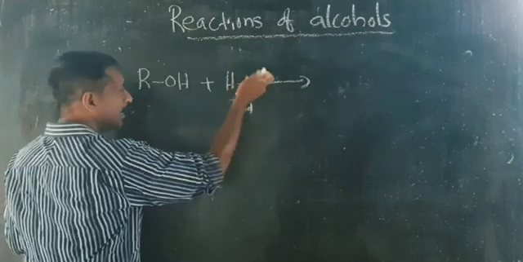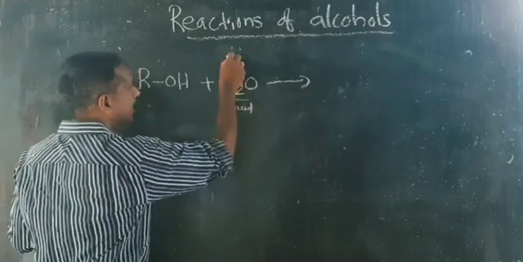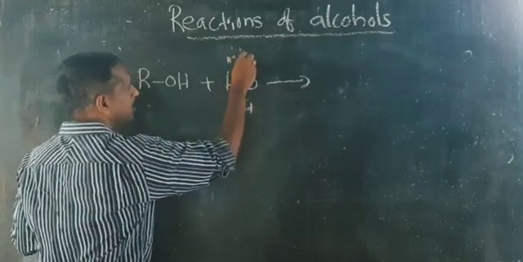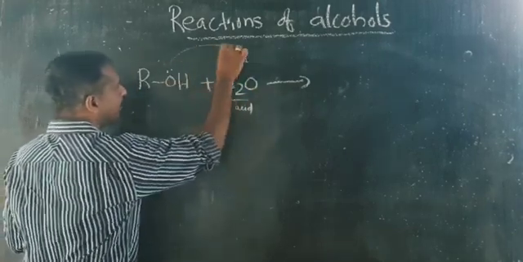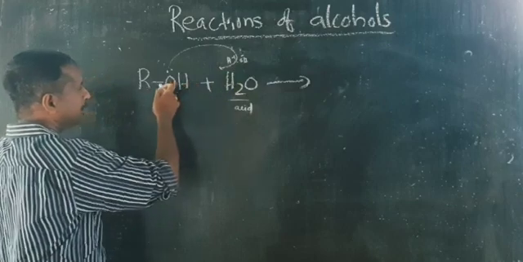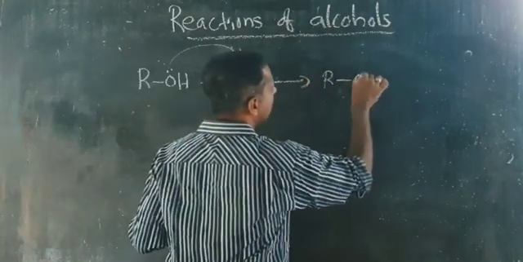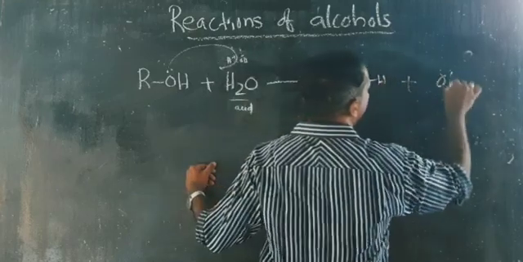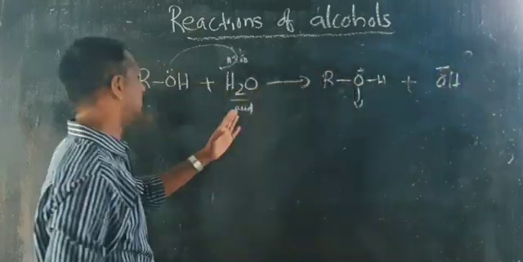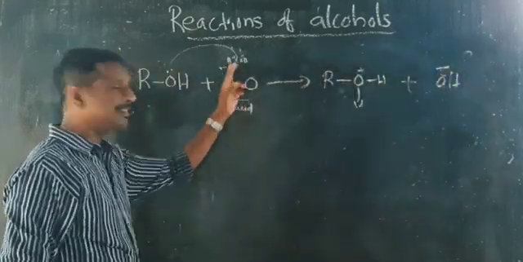That means water will donate an H+ ion, leaving OH minus. This lone pair will attract this H+ ion. That means alcohol is changing to ROH2+, and OH minus is produced.